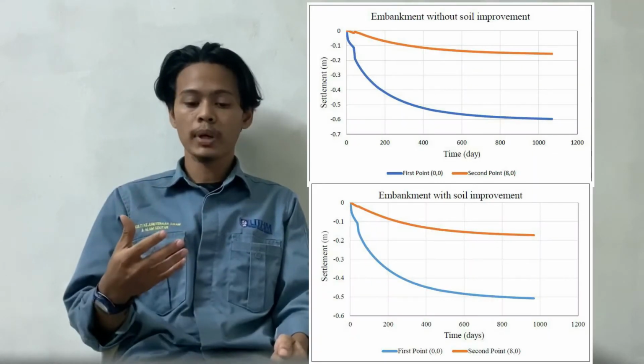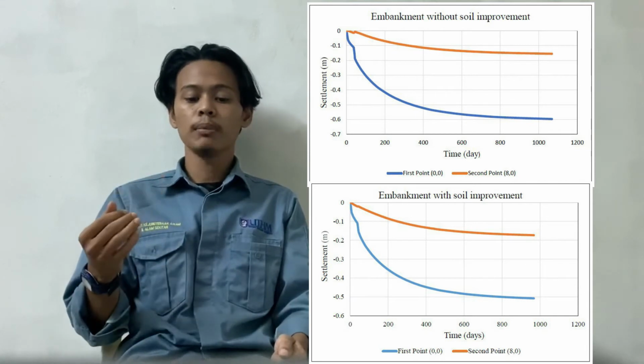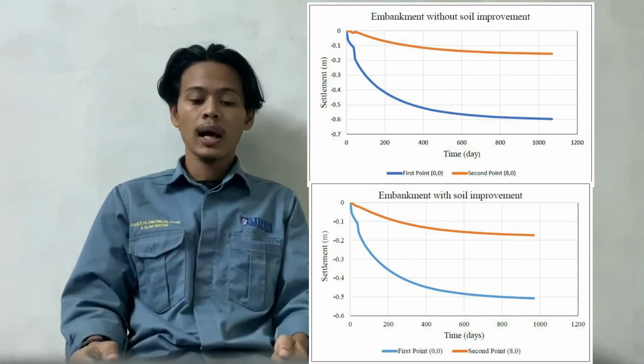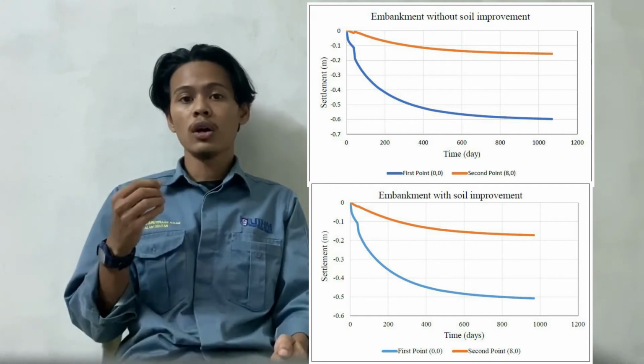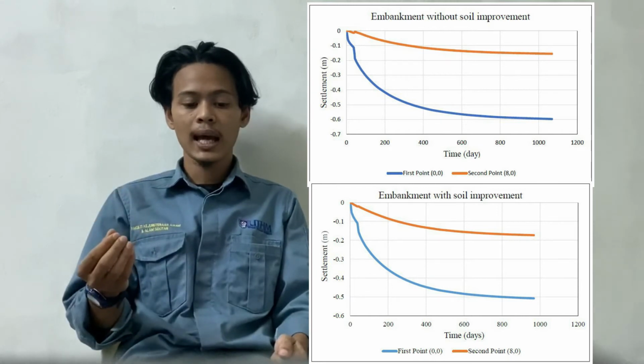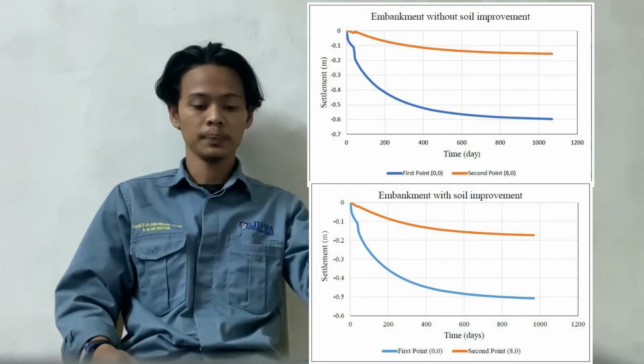The comparison of the first point (0,0) settlement for the embankment with and without soil improvement is discussed. The embankment without soil improvement faces more settlement compared to the embankment with soil improvement, which is 0.6 meter and 0.5 meter respectively, as shown in the graph.